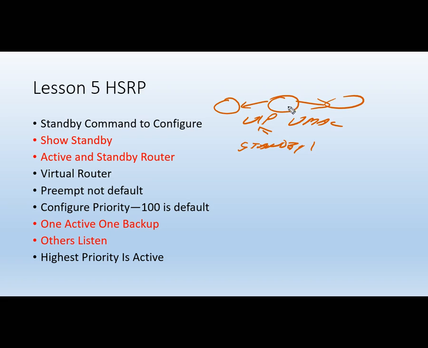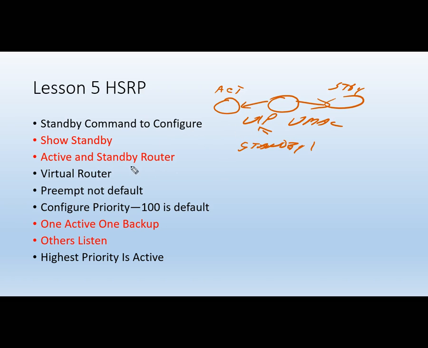Once it gets to the virtual router, it will decide based on the priorities that we have established, and the election of the two devices, whether it's the active or the standby, which one to send the data through. If it's the active, it is going to go there. The standby is just sitting here waiting for the active to fail so it can take over the job. So we have active and standby routers, and those are the physical routing devices.